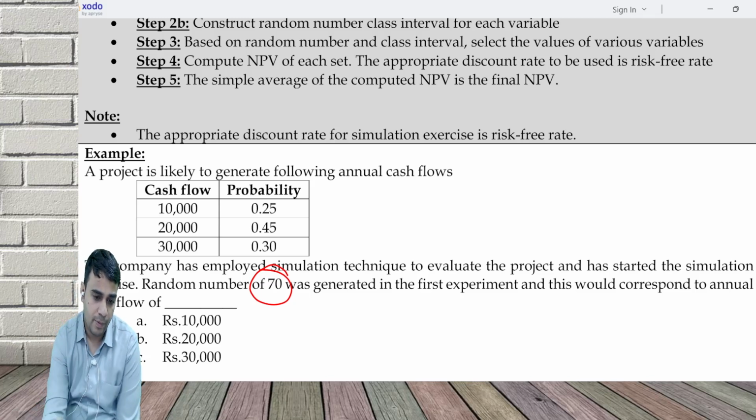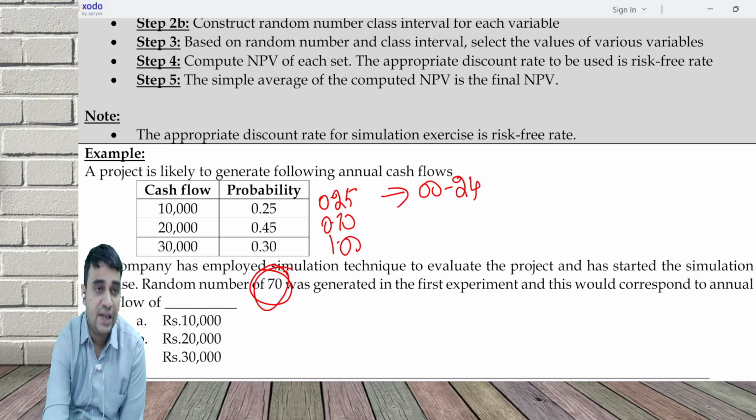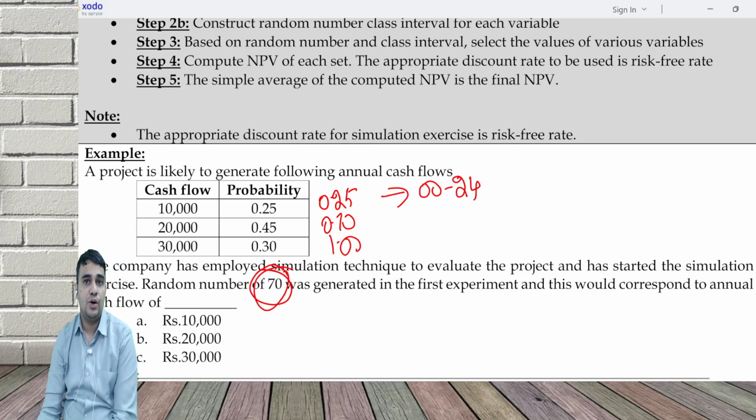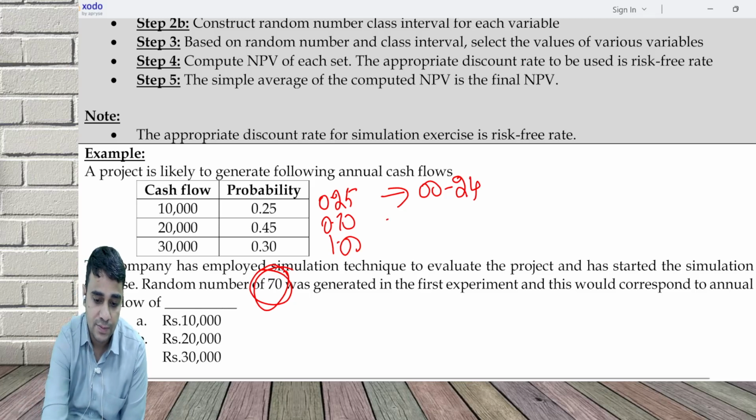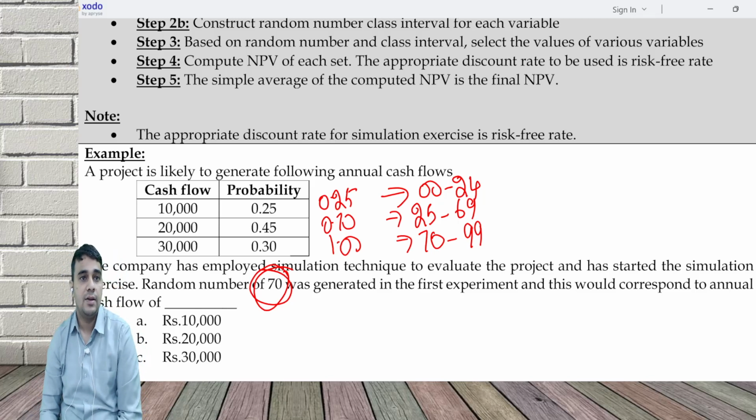What is the cumulative probability? 0.25, 0.70. What is the random number for this? 00 to 70. Why 00? Because 70 is a two-digit number. Next one is... 70 is which one? Third one, 30,000. 70 is the third one. So our cash flow is going to be 30,000.